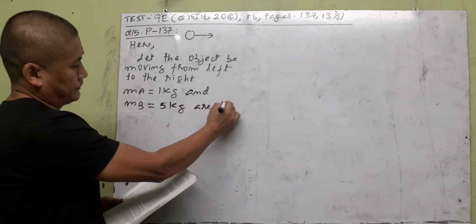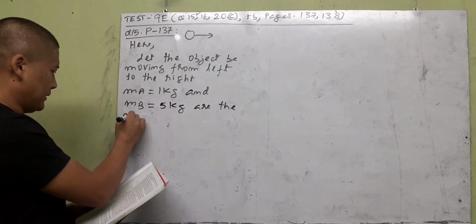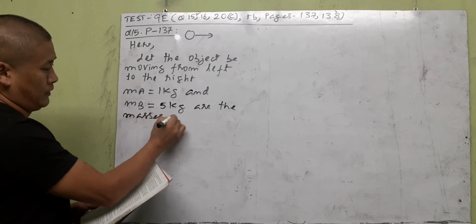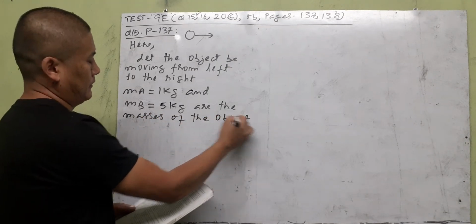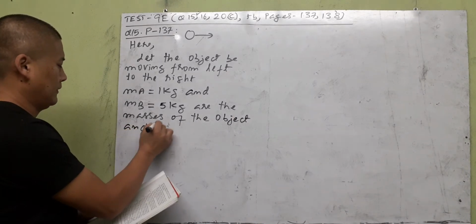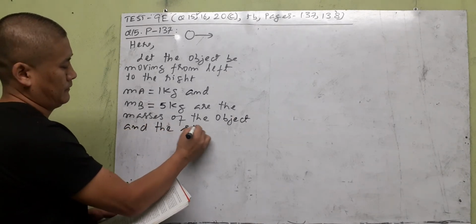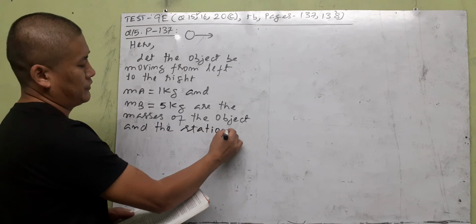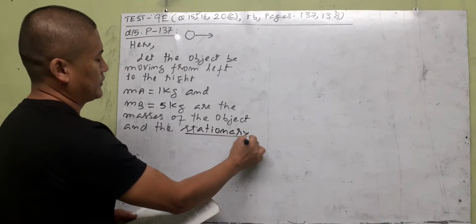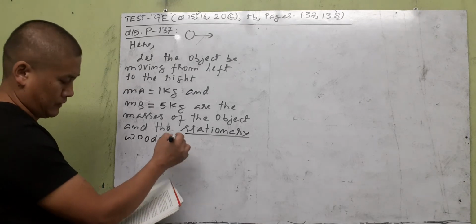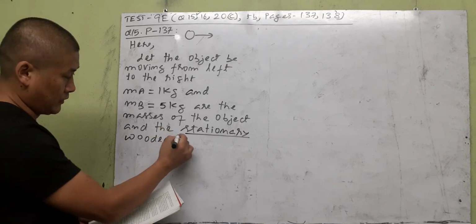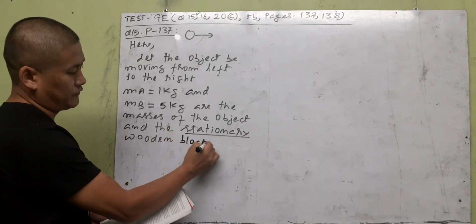These are the masses of the object that is moving, and the stationary one. So this word is important here. Stationary means the object is moving toward a wooden block, but the wooden block is not moving. That way we'll get a clue of their velocity.